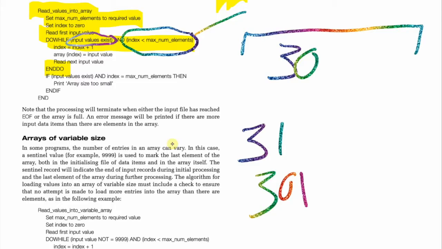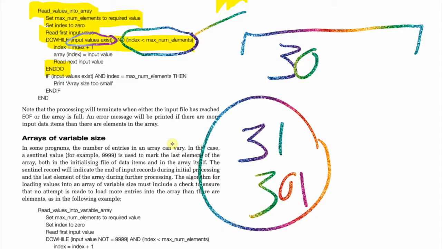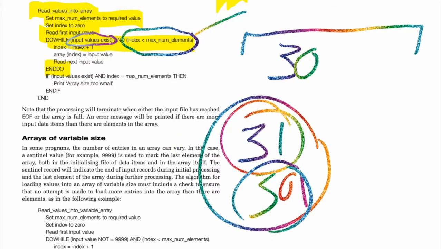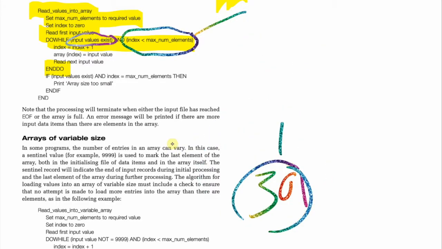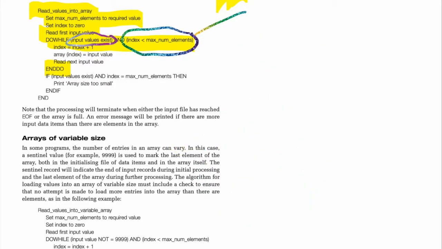So this helps ensure that just in case I have 31 or 301 values in this file, I'm going to get a notice that says there were too many data elements to be loaded into this particular array. So that's what this particular AND statement does for us here. It gives us a way of ensuring that as a developer, I know if something has potentially gone wrong.